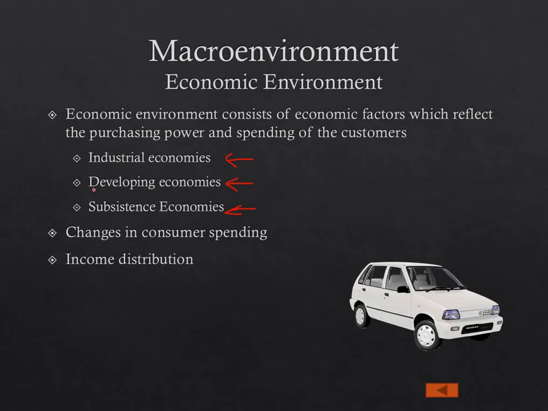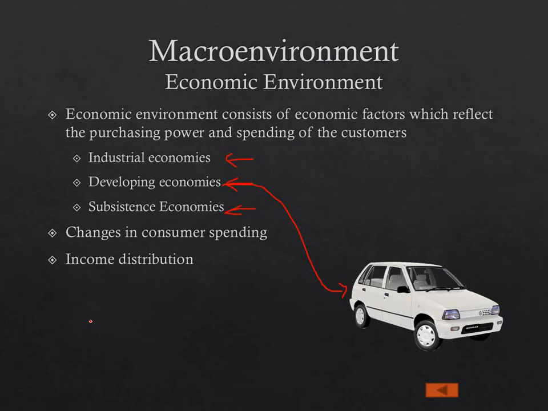So what we need to understand is that within a developing economy, if you're buying a car, an average population might buy this, right? And you might agree with me. But within the developing economies, there are people who might go for the Mercedes, but that is not what we are talking about.